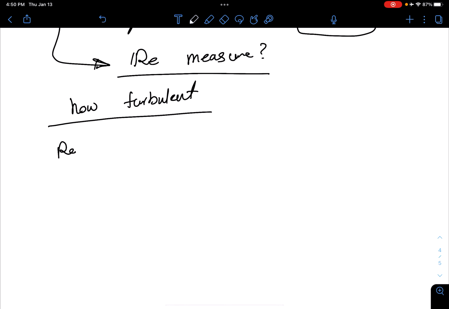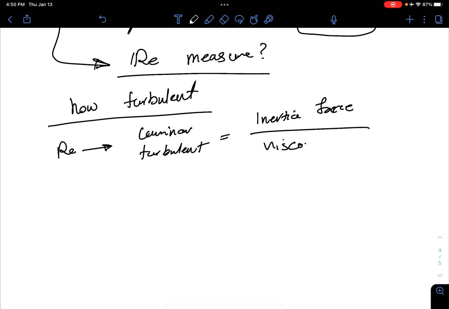There is a specific number or a specific range of Reynolds number that is going to tell us whether a flow is laminar or turbulent. Reynolds number itself is the ratio of inertial forces versus viscous forces.